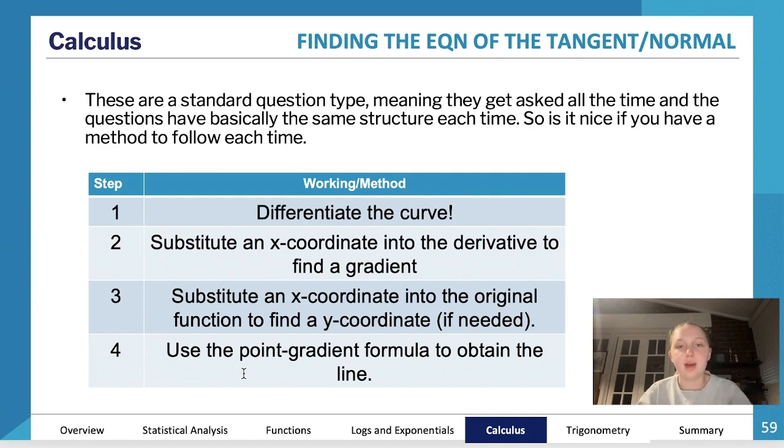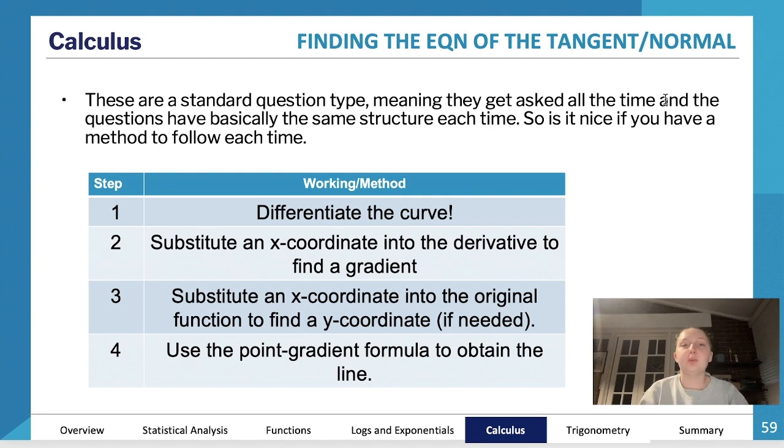So you've got y minus y1, which is the y coordinate you found, equals m, which is the gradient we found, times x minus the x value we found that gradient at. Then obviously if you're finding the equation of the normal, you use the negative reciprocal of your gradient. And then you can use the same x and y coordinates. And yeah, that is how we find the equation of the tangent or the equation of the normal.